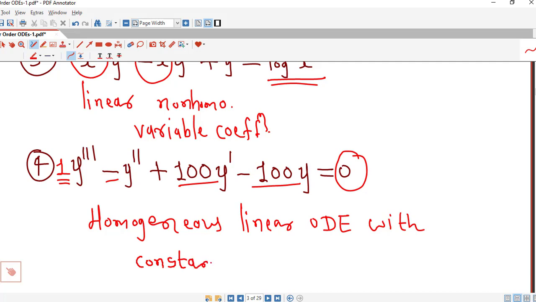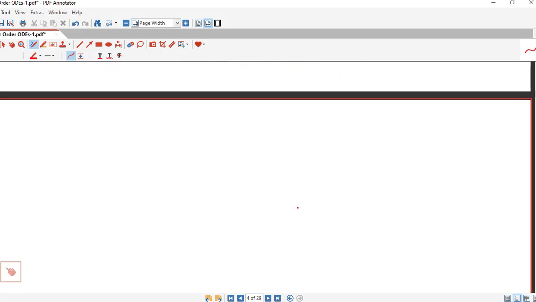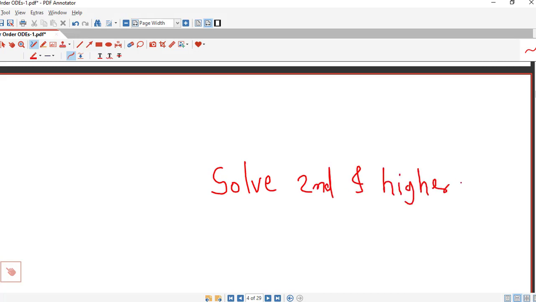So this is a homogeneous linear differential equation with constant coefficients. So this is all about the different types of characterizations we require to solve second and higher order ordinary differential equations.